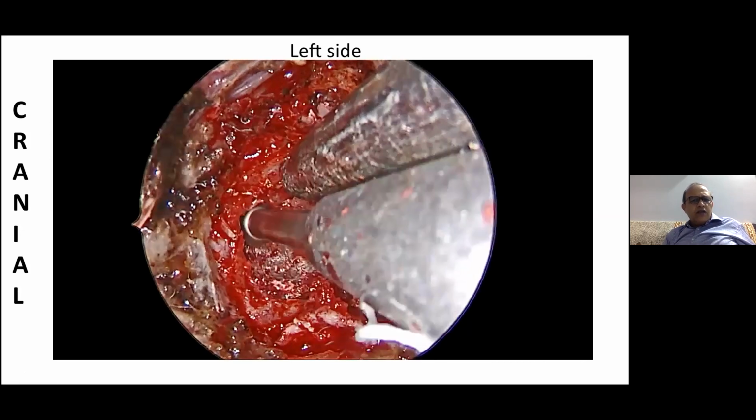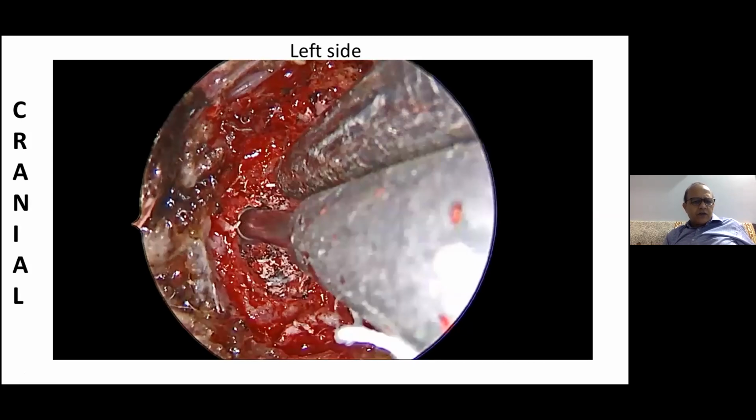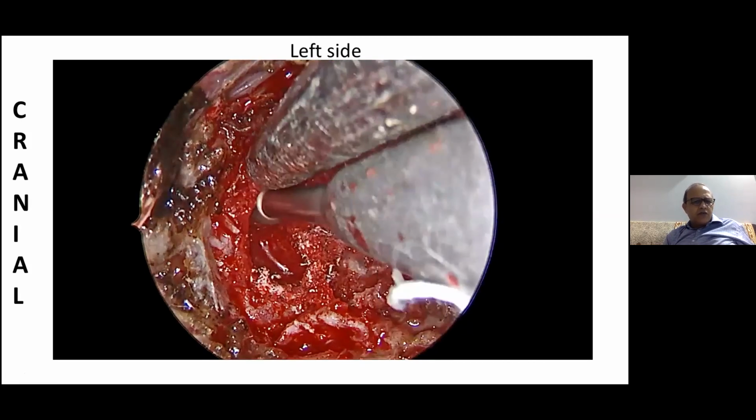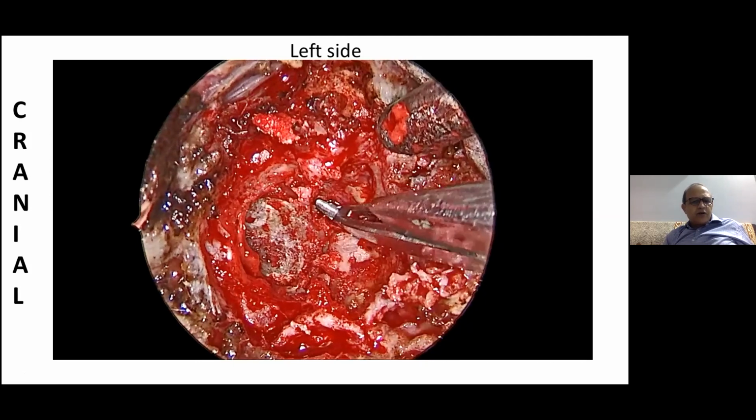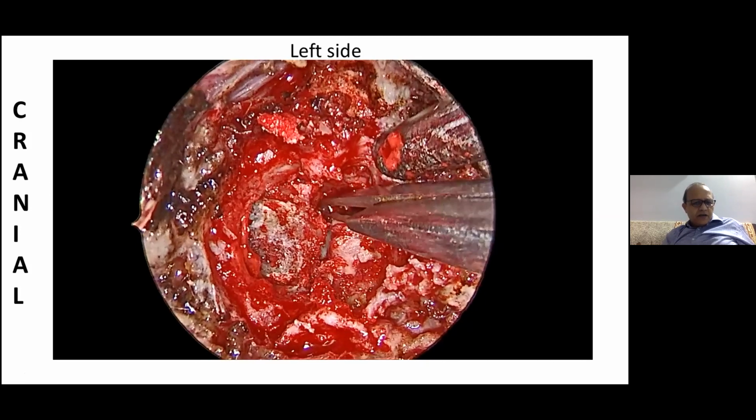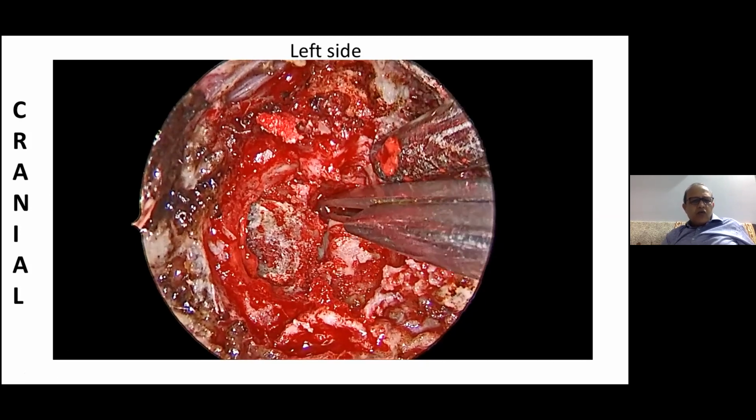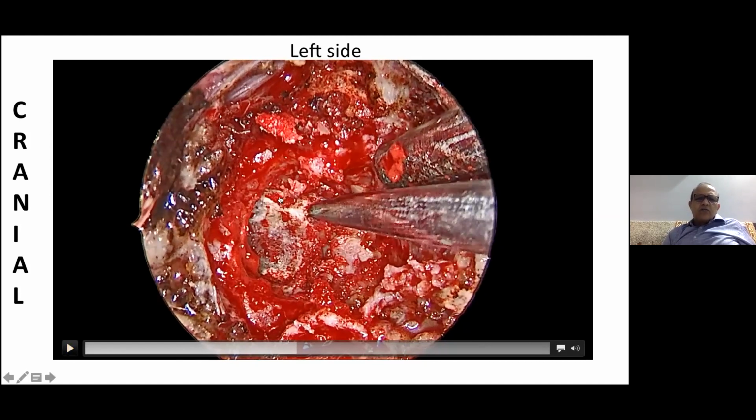So only a limited portion of the C1 anterior arch, the rest you can leave, because it is an important part of stability. In this case, the odontoid was separate from the C2 body, so this was unstable. These cases require a little more care because they will keep on moving.